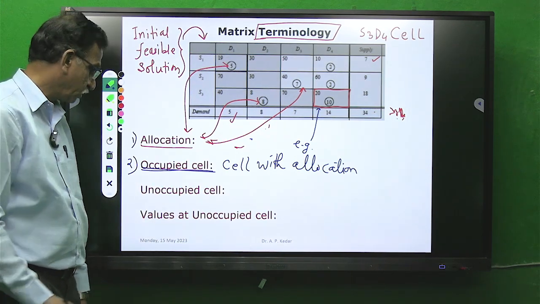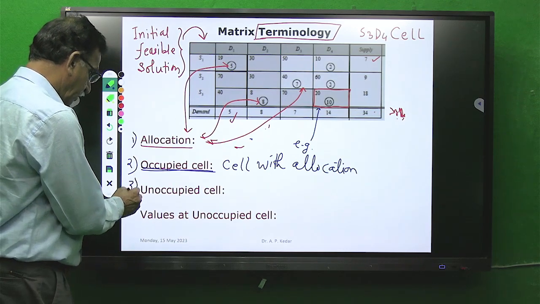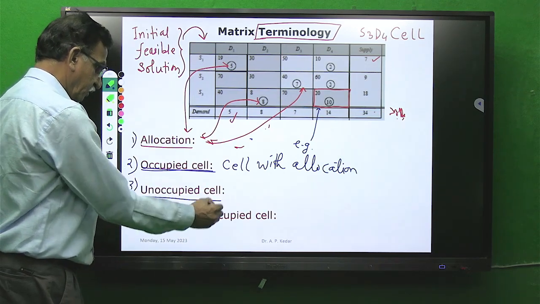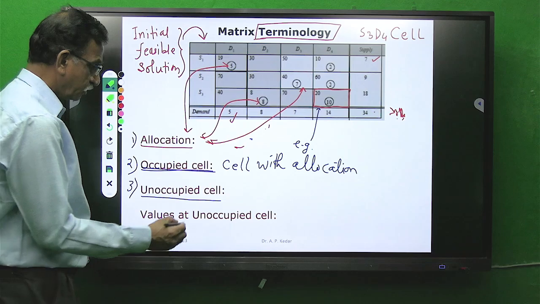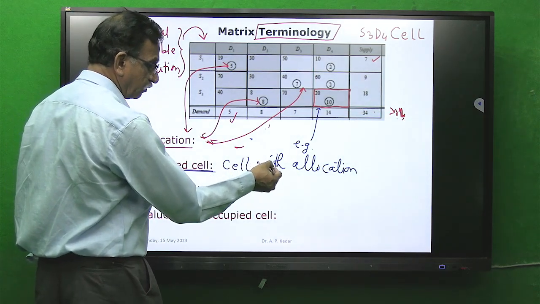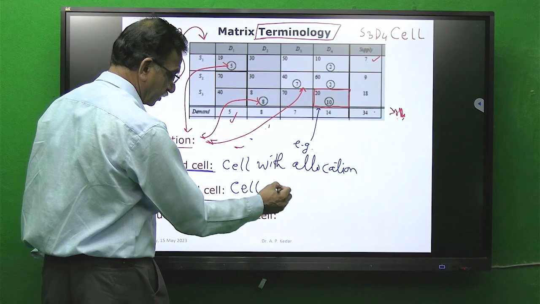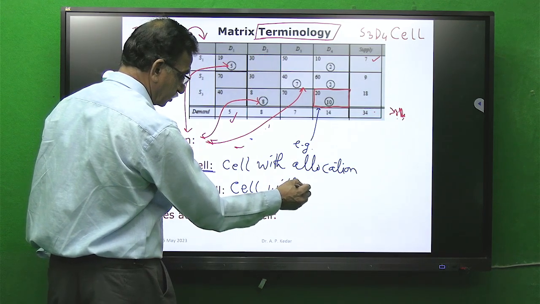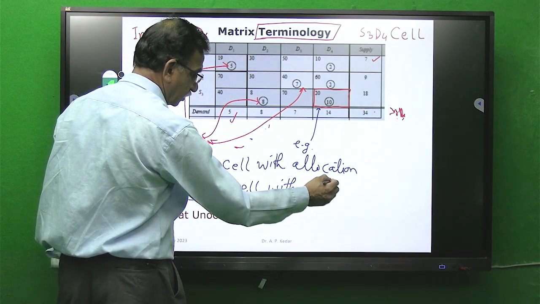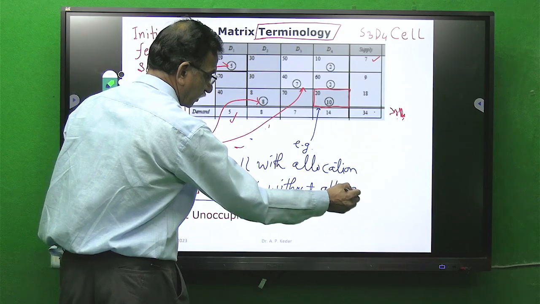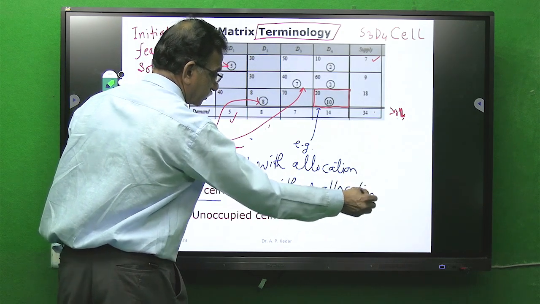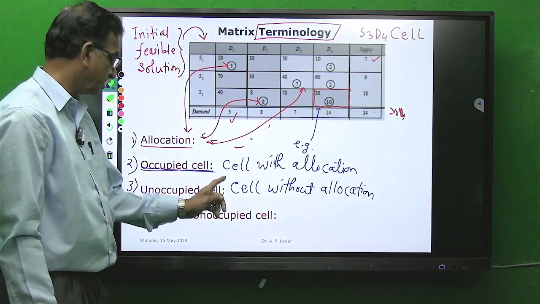Now students, the chance is for the unoccupied cell. Simple. Here I have written a cell with allocation. So in simple terms, a cell without allocation is what?